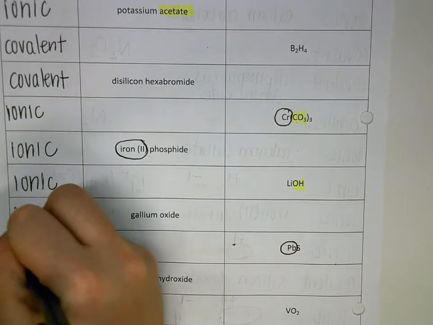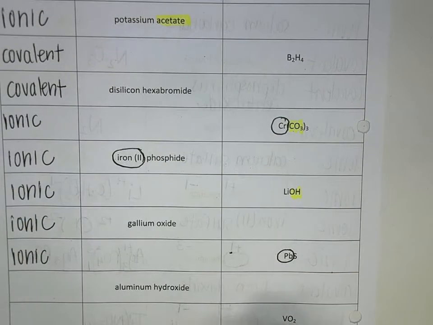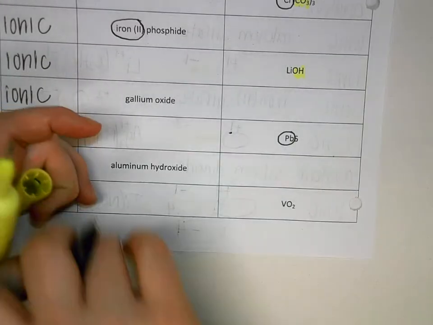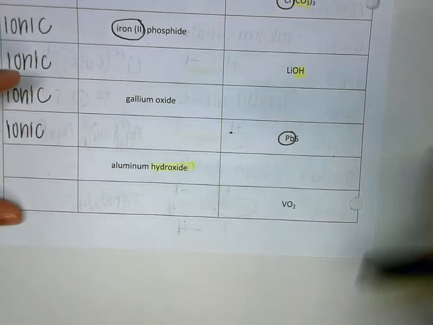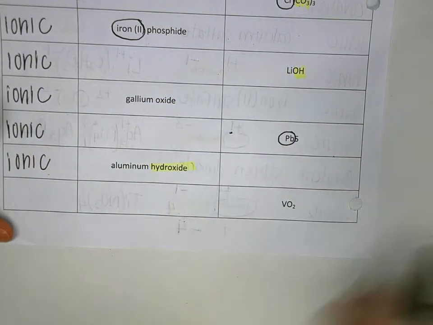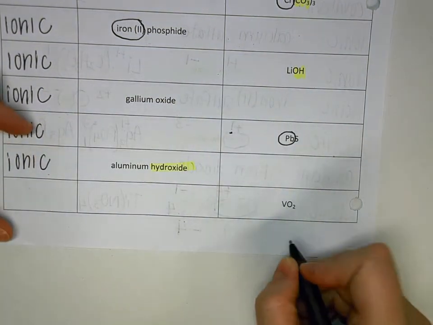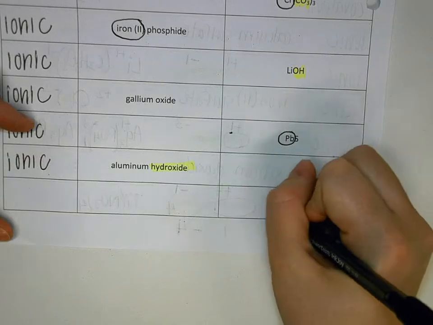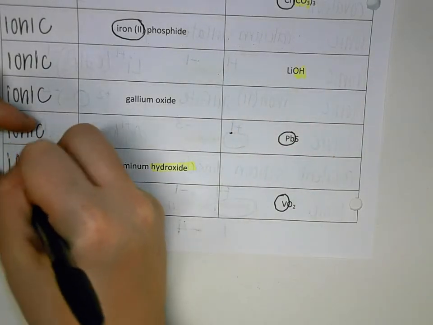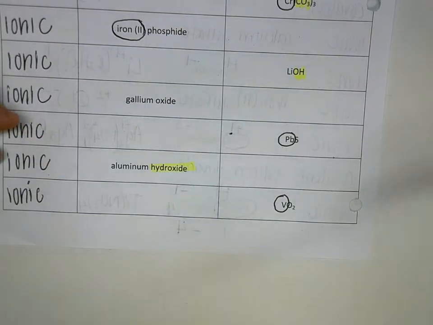So I know that this is ionic because I have a metal and a nonmetal. Aluminum hydroxide. So OH hydroxide is a polyatomic ion, therefore this is ionic. And then my last one, I've got vanadium, which can have more than one possible charge, and oxygen. So because I've got a transition metal and a nonmetal, this is ionic.